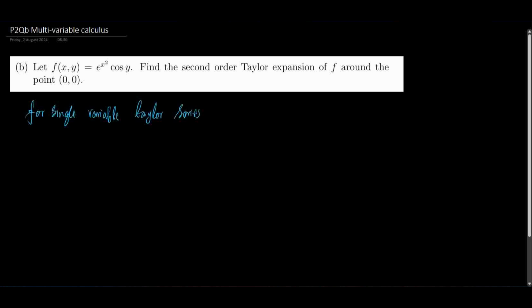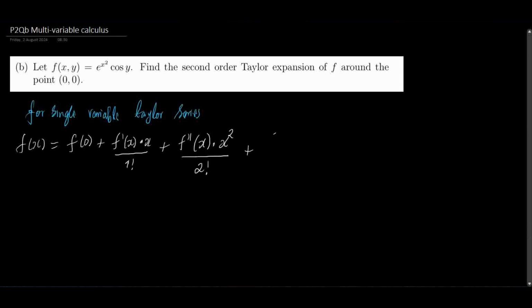So from my previous knowledge, you know that for a single variable Taylor series, we have the formula to be f(x) equals f(0), plus f prime(0) multiplied by x divided by 1 factorial, plus f double prime(0) multiplied by x squared divided by 2 factorial, plus f triple prime, the third derivative, multiplied by x cubed all over 3 factorial, plus and so on.